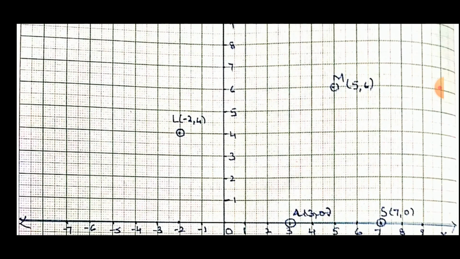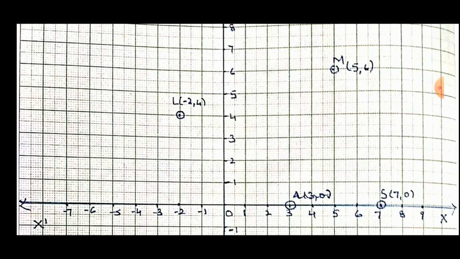So for this point M, when you draw the perpendicular on the x-axis, you get the 5, so the x-coordinate is 5. And when you draw the perpendicular on the y-axis, the y-coordinate is 6. So coordinates of point M is (5, 6).